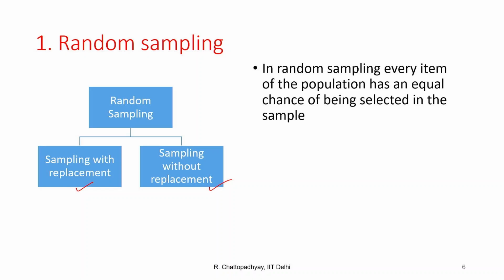It's not that some items are lying at the bottom of the box or container, and some items are lying at the top of the container. It's not that we will pick up samples only from the top. In that case, we'll say we are biased because we are only removing samples from the top layers. Similarly, we should not only select samples from the bottom layers.